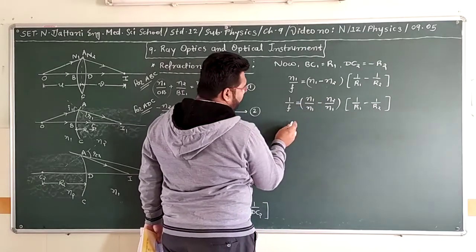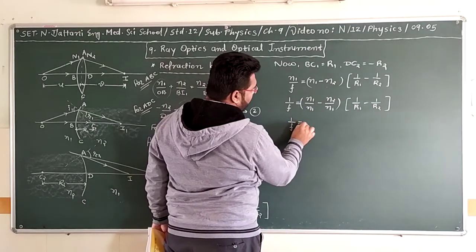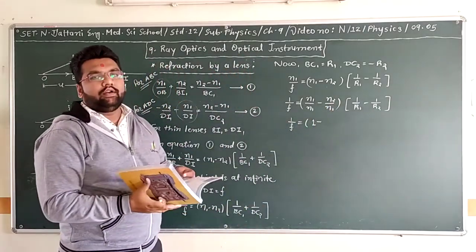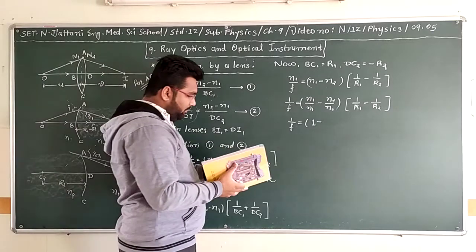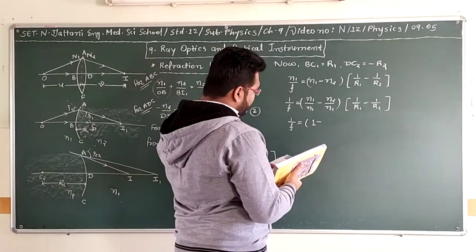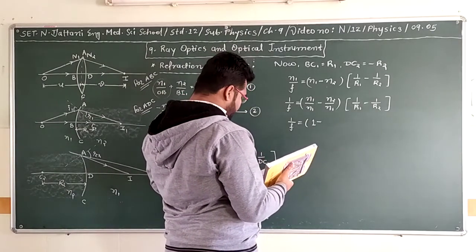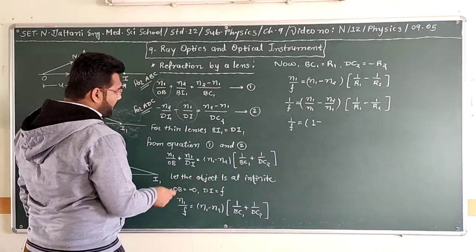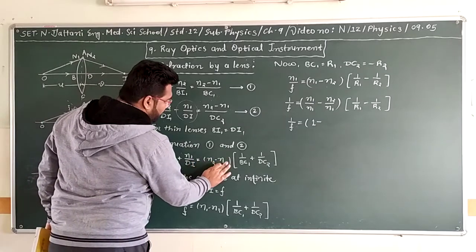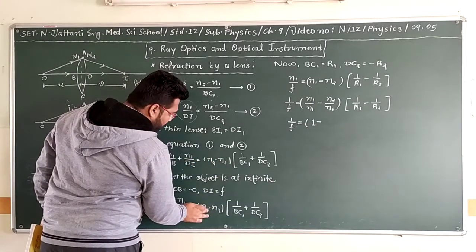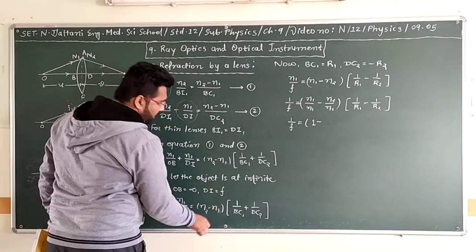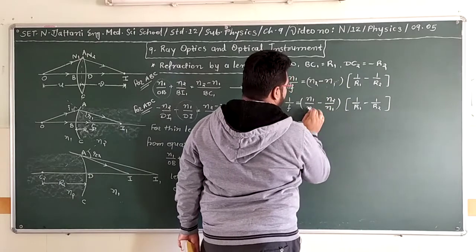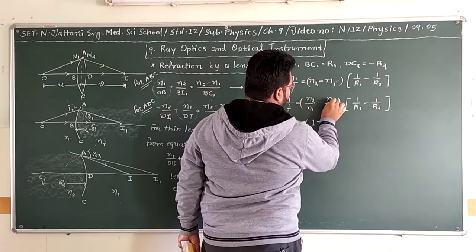So n1 upon n1 is 1, and n2 upon n1 gives us n2 minus n1 in the bracket.